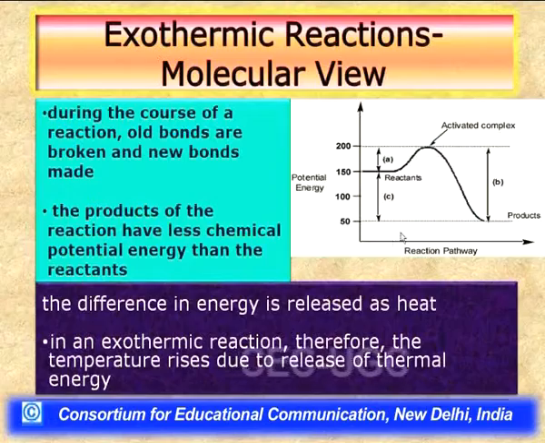This is the reason we can say that thermochemical observations, that is the reactions, are in accordance with the first law of thermodynamics, which says that energy can neither be created nor destroyed, but only transforms from one form to the other.